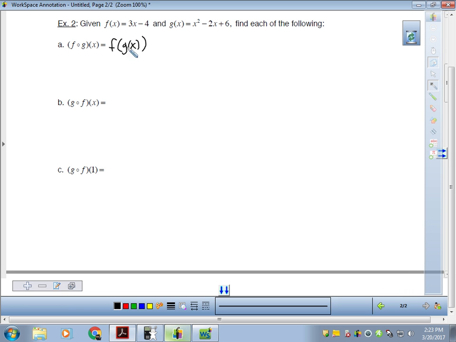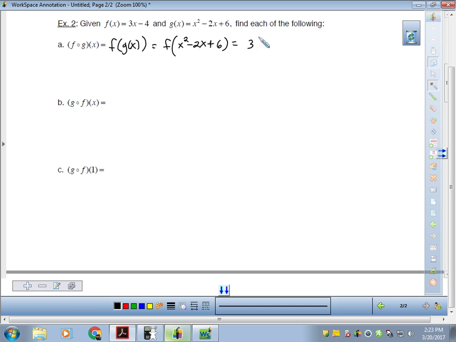Now, what is g of x? Well, it's this equation. So really what we have is f of x squared minus 2x plus 6. So just replace what was inside here, the g of x, with what g of x equals. So now this is what we're plugging in. This whole big thing is what we're plugging into the f function.